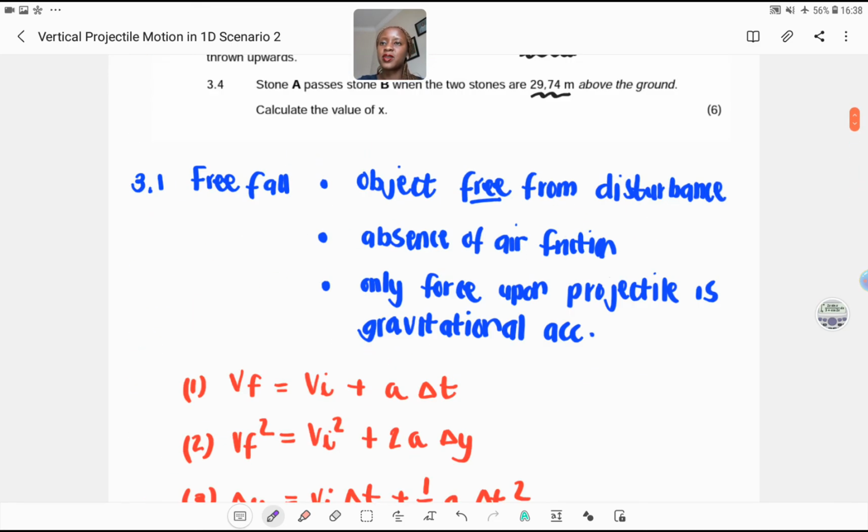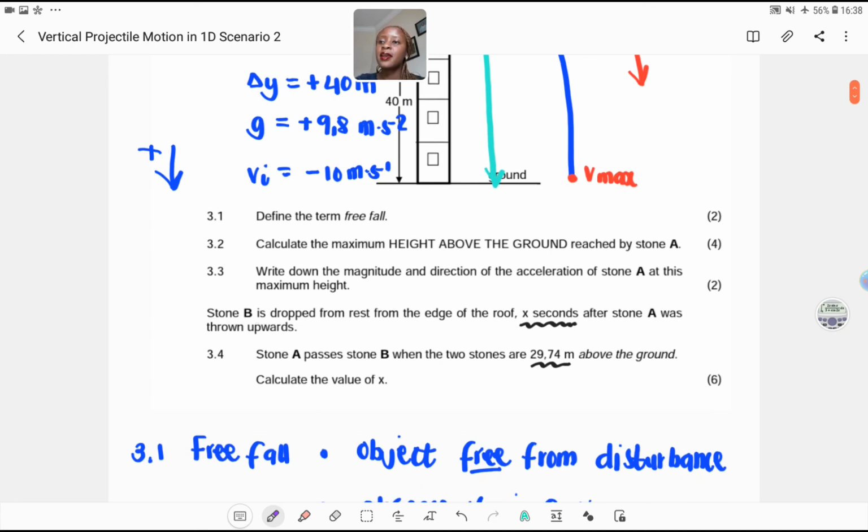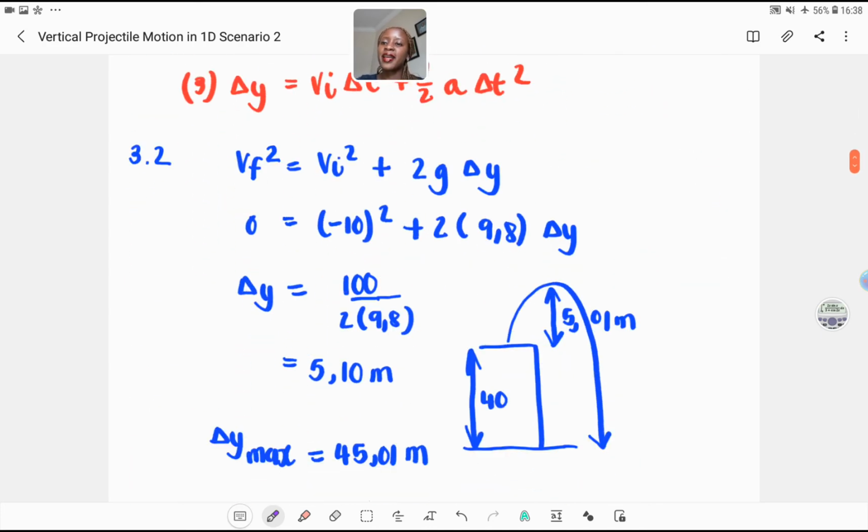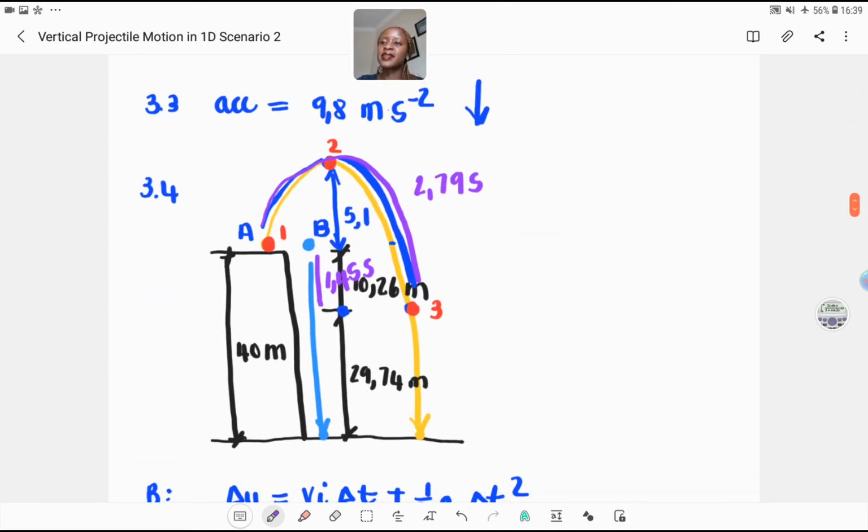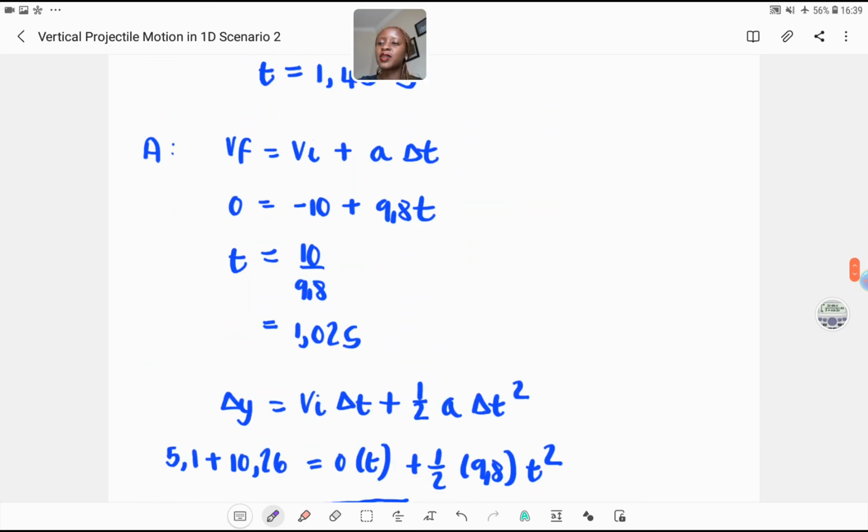Remember what the question was. Let's just go back and remind ourselves. Stone B is dropped from rest from the edge of the roof x seconds after stone A was thrown. So x just represents the seconds. After throwing that, then you threw that. So what is the difference? That is what we're looking for.